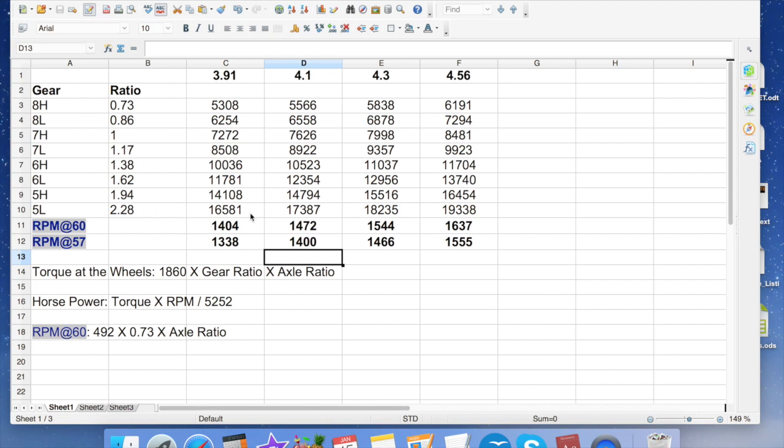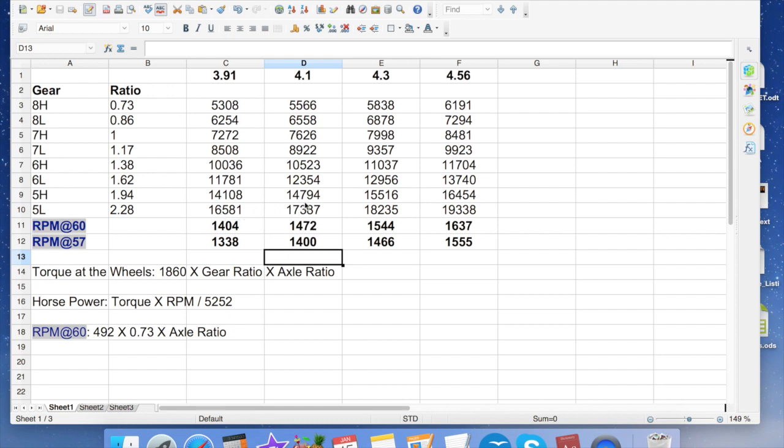And of course, the idea behind changing the axle ratio is to make it easier on the engine, on the truck, on the drivetrain to climb a hill. So if you look here, 16,581. So let's say I want to climb the same hill, but instead of 5 low, at least 5 high, just basically gain half a gear.